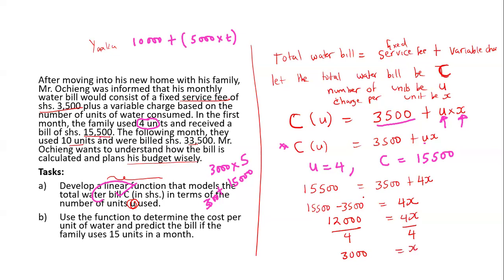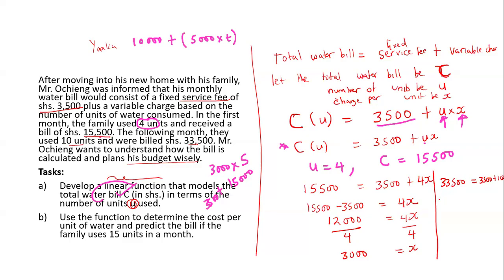When you test it using the second, for the following month, you're still going to get the same answer of 3,000. So you can do it here to show that x is consistent for all. I'll have 33,500 equals 3,500 plus 10x.